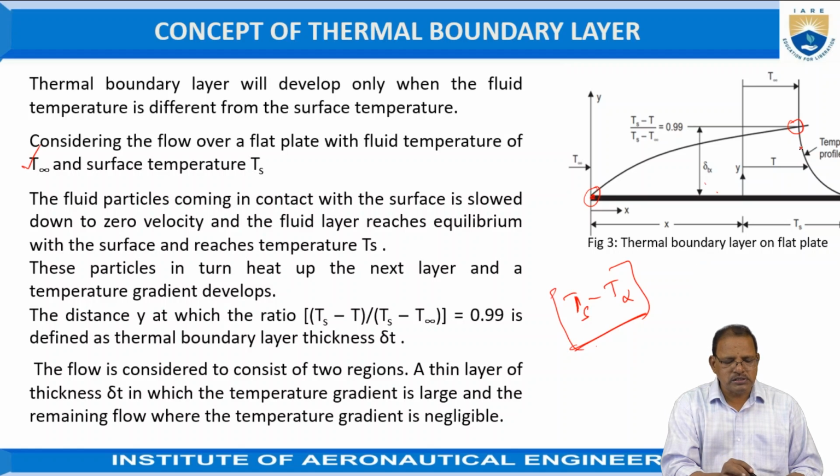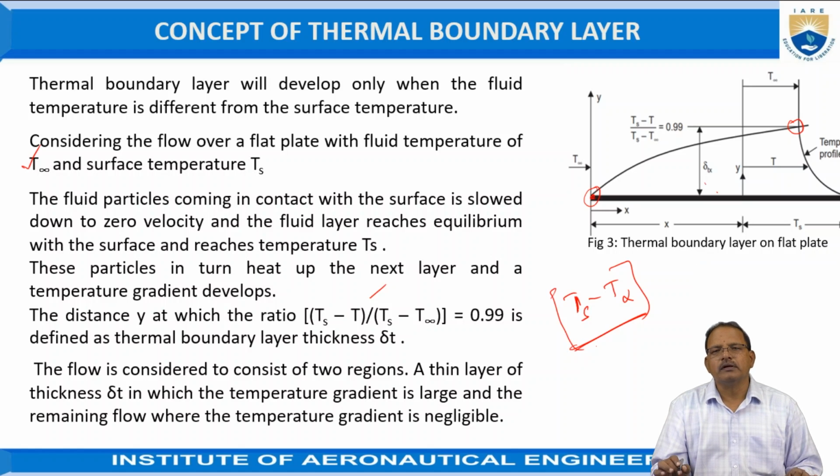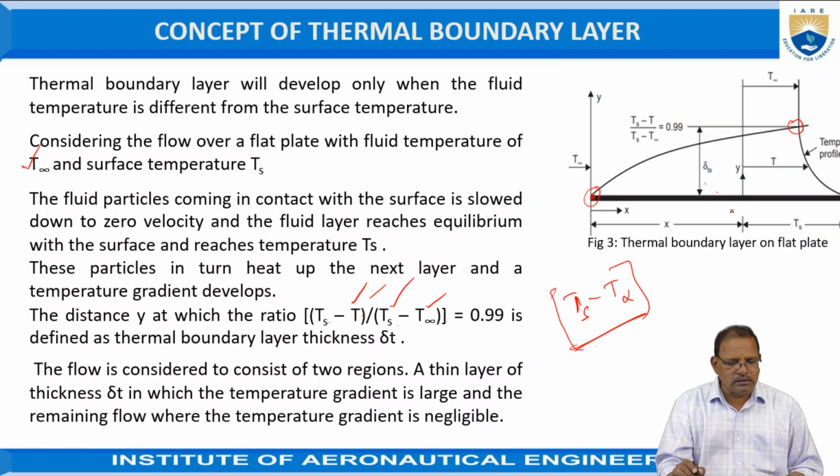So the distance y at which the ratio of Ts minus T, where Ts is the temperature at the surface of the plate and T is the temperature at a distance of y from the plate, divided by Ts minus T alpha, where T alpha is the temperature of the fluid initially before touching the surface, is equal to 0.9, approximately 1, this height is called the boundary layer thickness, represented here by delta.